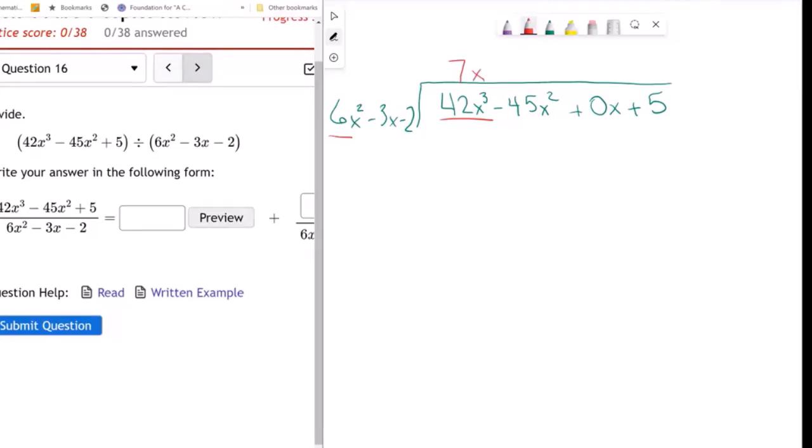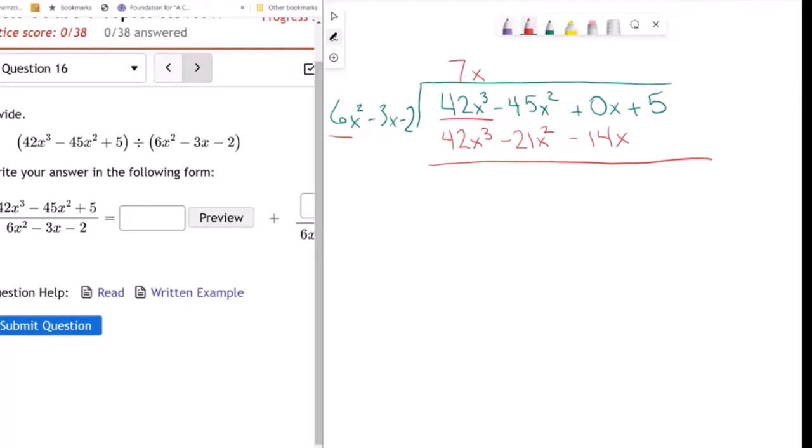So then I multiply and I get 42x to the third. That's my leading term times the quotient. But then I multiply that 7x times all the terms. So I get minus 21x squared. And then I get minus 14x. Well, now you can see why it's helpful to put that 0x in there. It gives you the place to put the x.